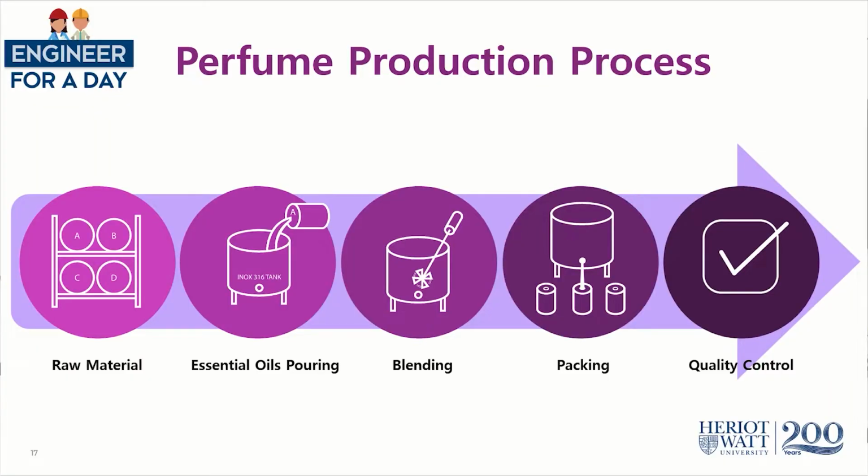So if we look at the perfume production process, first of all, we need raw materials. We already talked about the notes and other raw ingredients. Usually, we use what we call the unscented base oil that is carrying the smells.